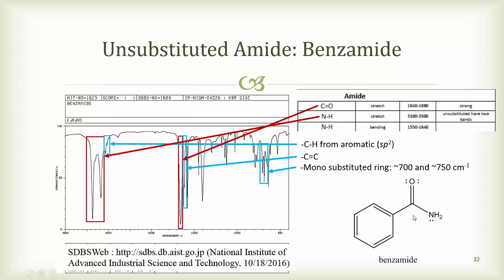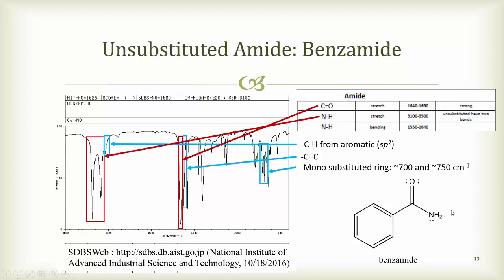Something though that you want to look for with the amide, regardless of whether or not it's attached to an aromatic ring, is the carbon-oxygen double bond. And again, this one is going to show up right around 1700 wave numbers, but in the case of the amide, it's a little bit lower than that. It's going to be around 1640 to 1690. So it is a little bit lower than you would typically expect, and that's due to some of the resonance issues we're dealing with here.